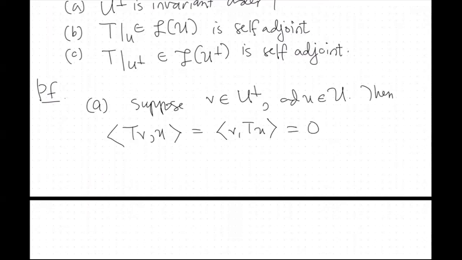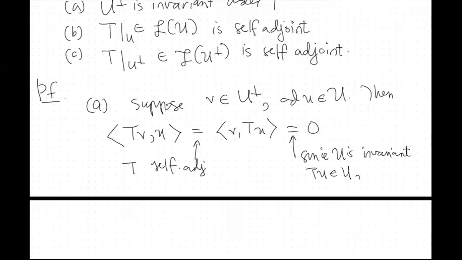This is equal to 0. So this first equality is being self-adjoint. And the second equality, because U is invariant, T u is in U, and v is in U orthogonal complement, so their inner product is 0.